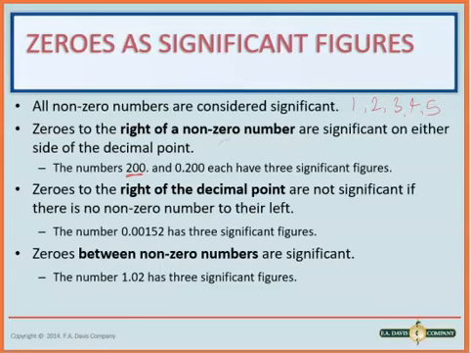Your 2 is a non-zero number, correct? The zeros of the 200 are to the right of the non-zero number, so they would be significant. So you'd have 1, 2, 3 significant figures, sig figs.